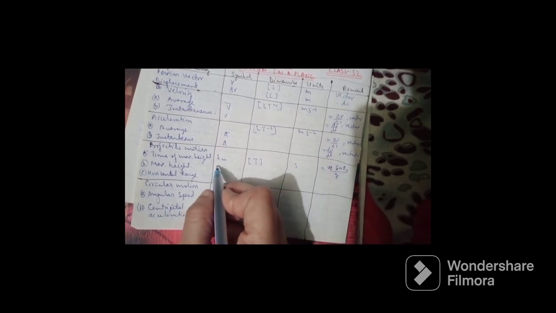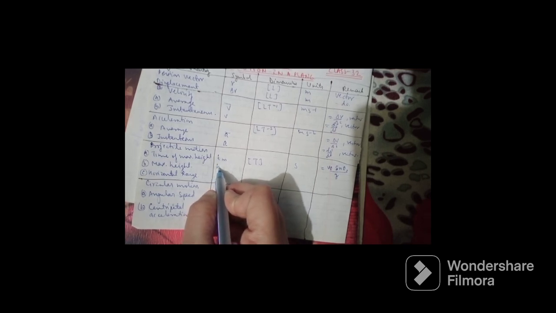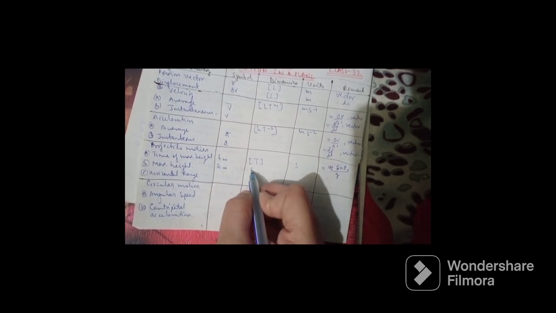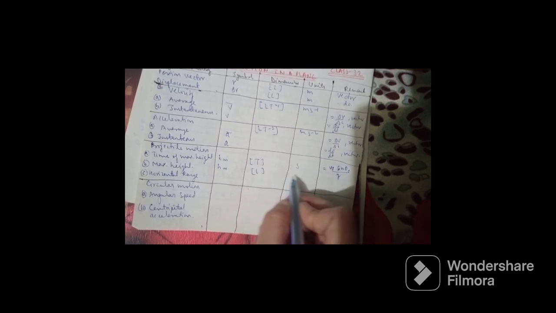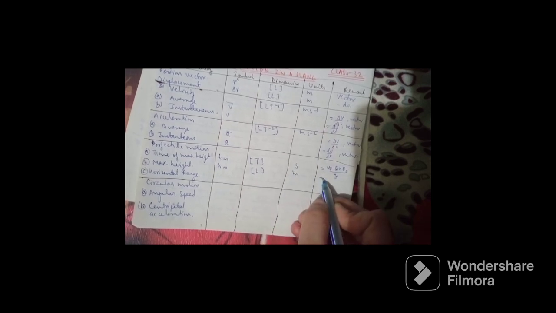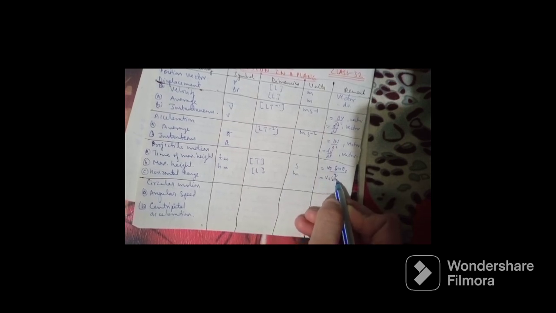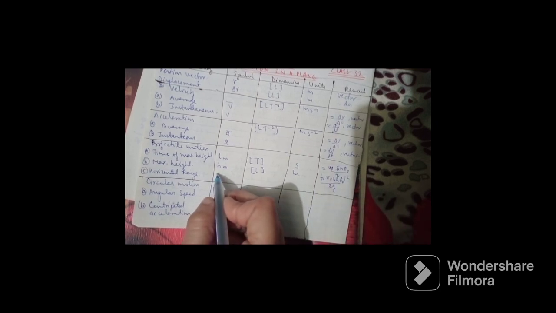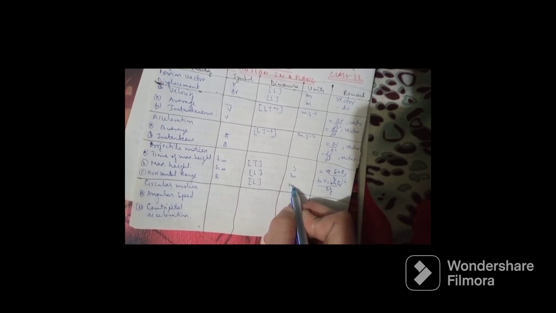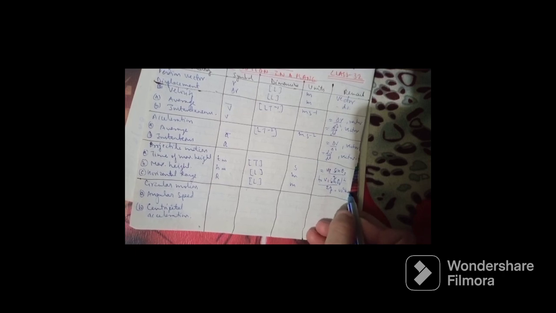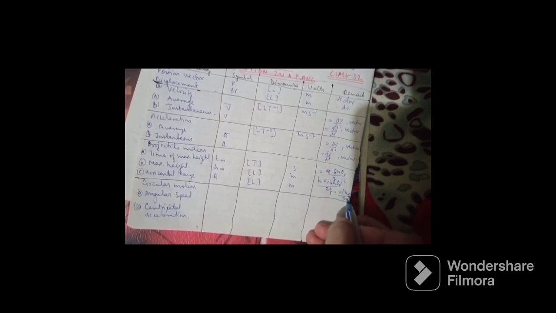For maximum height, the symbol is Hm, dimension is L, unit is M, and the remark is V naught sine theta naught whole square by 2g. Another is the range R, dimension is L, unit is M, and the remark is V naught square sine 2 theta upon g.